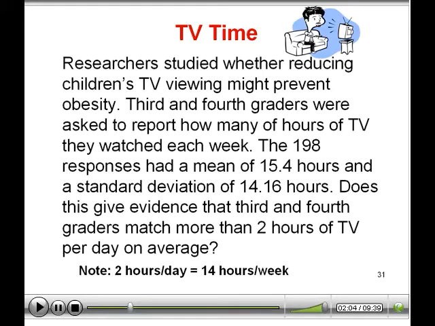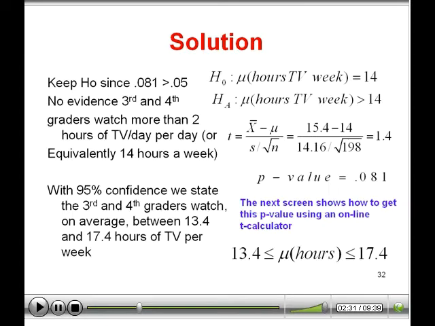The question is, does this data give evidence that third and fourth graders on average watch more than 2 hours a day of TV? Now, since the data was summarized as hours per week, we will rephrase the claim to ask if these children watch on average more than 14 hours a week.